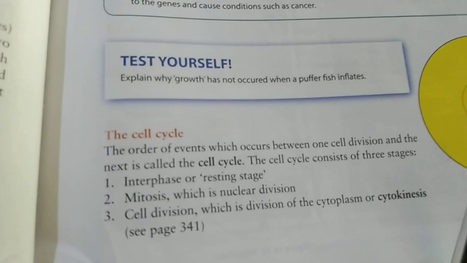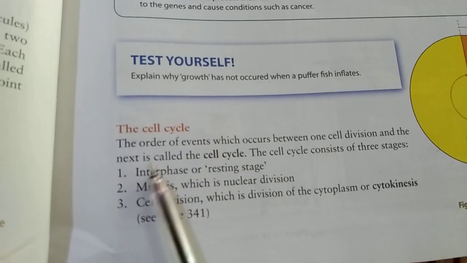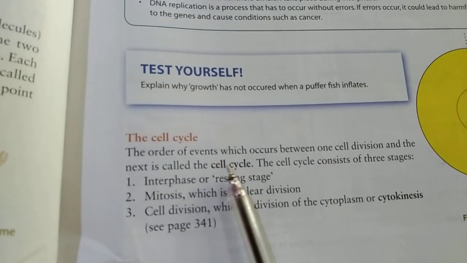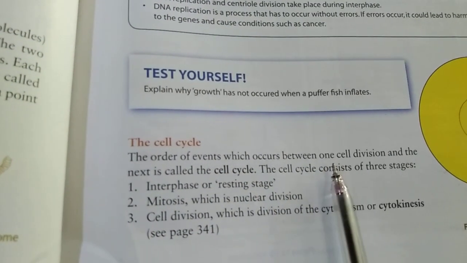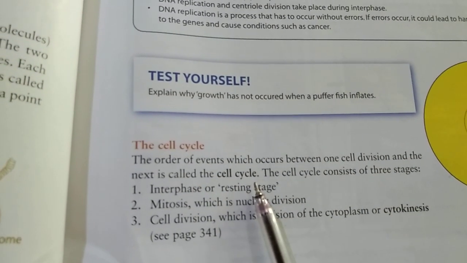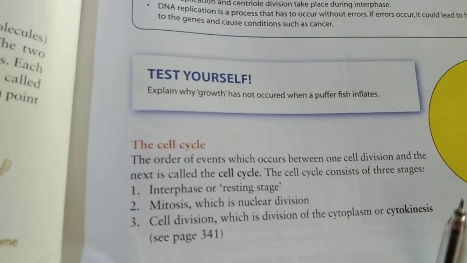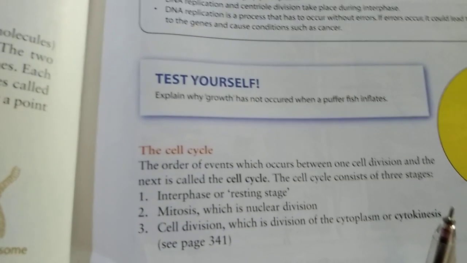The cell cycle. Now we discuss here the cell cycle. The order of events which occurs between one cell division and the next is called the cell cycle. The cell cycle consists of three stages.